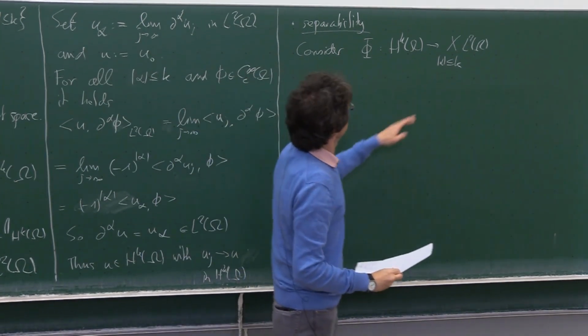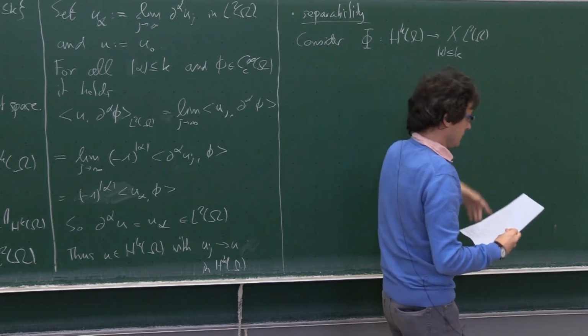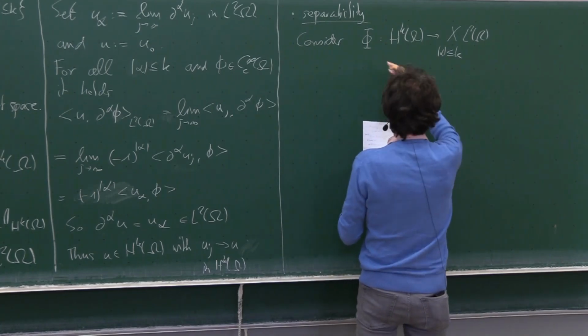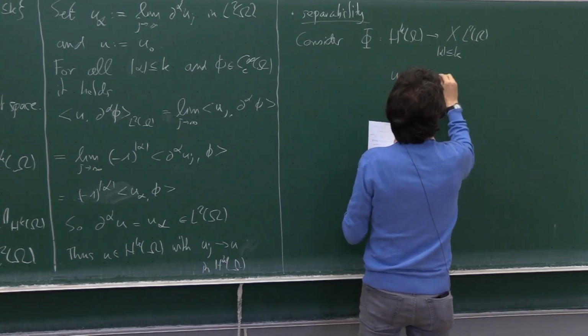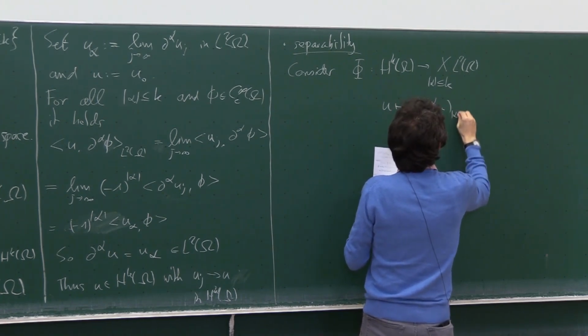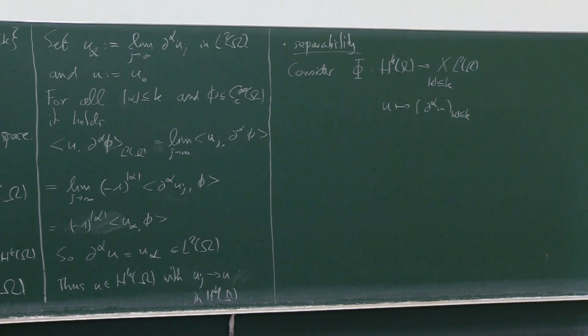Then this is a finite Cartesian product of separable Hilbert spaces, so this is a separable Hilbert space. And the map phi just takes the function u and assigns it to the vector of all its weak derivatives up to order k. Just put them in a long vector.